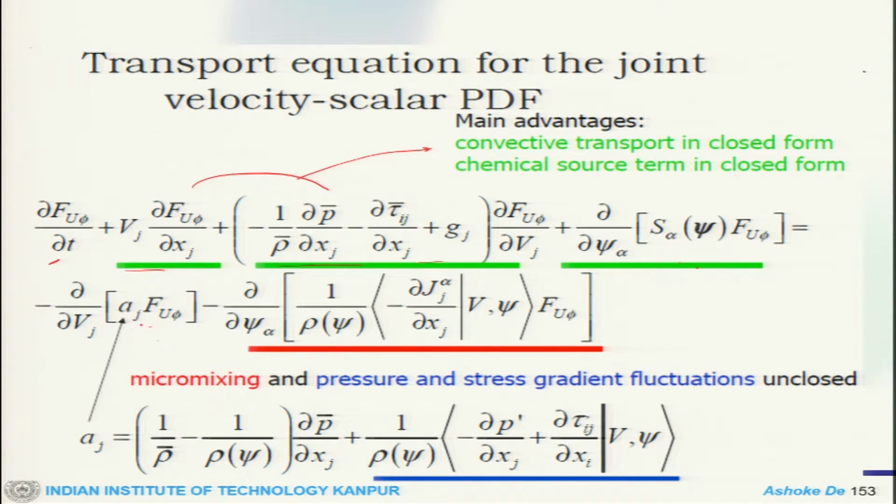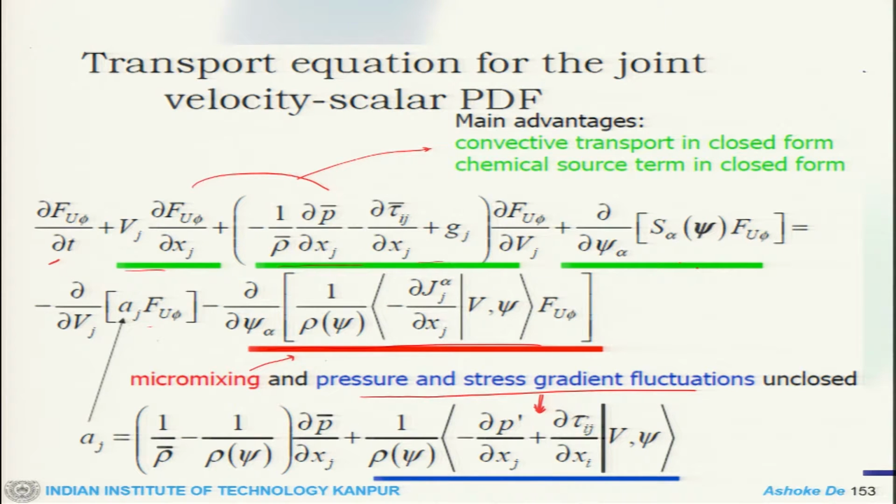The term on the right hand side is the acceleration term, and this particular term is the micromixing term. Here there is a fluctuation of pressure and stress gradient, which is unclosed. There are two terms: the gradient of pressure remains closed, but the component of it, which is the fluctuation of pressure and stress gradient, remains unclosed in the system.